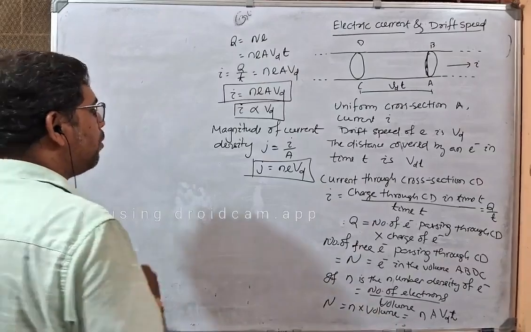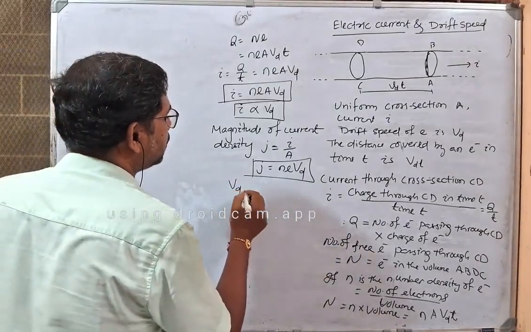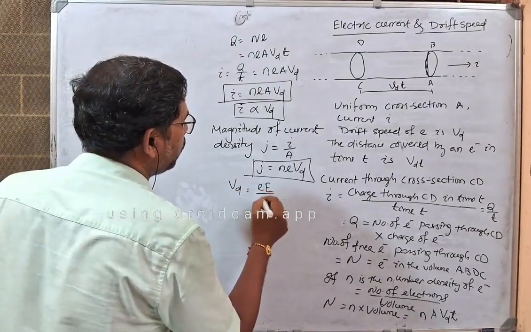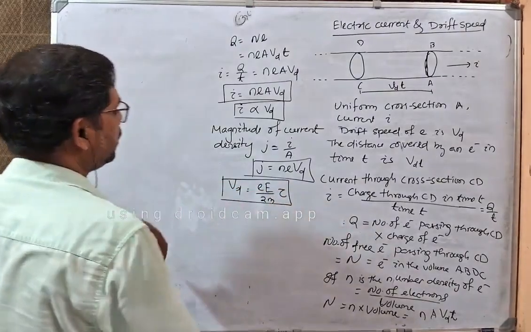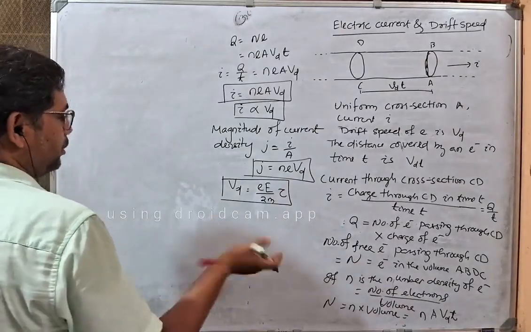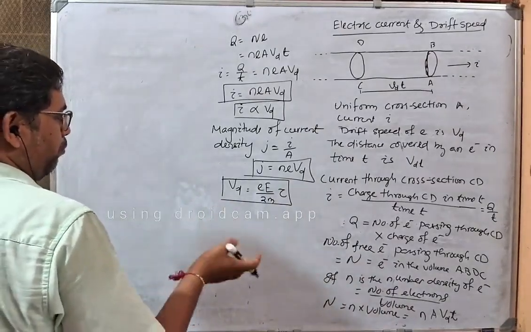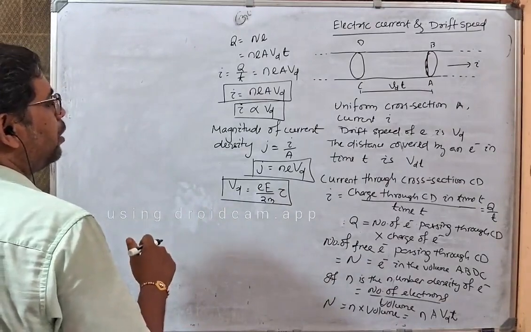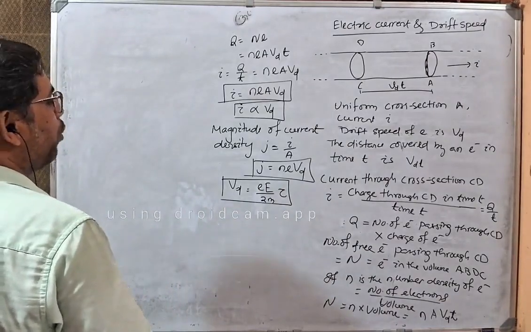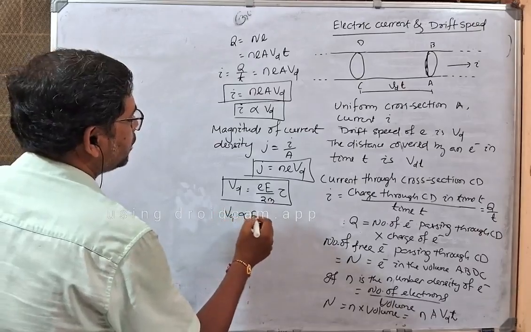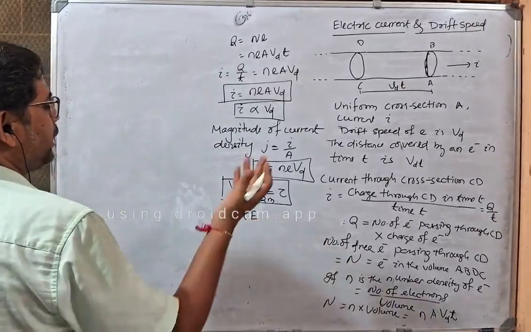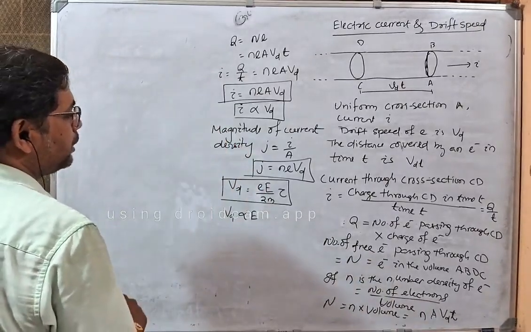And we know vd is eEτ by 2m. This relation we already studied in the last session. From here we can say vd is proportional to E. More the electric field, more is the drift speed.